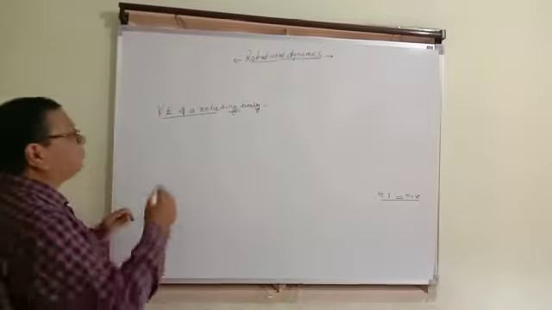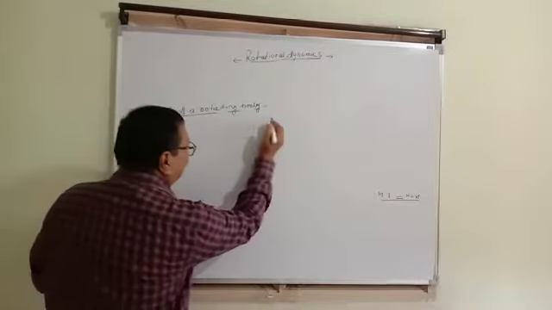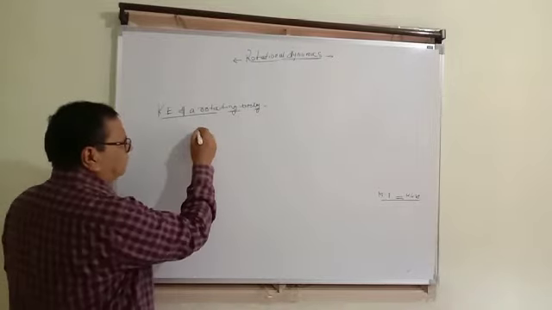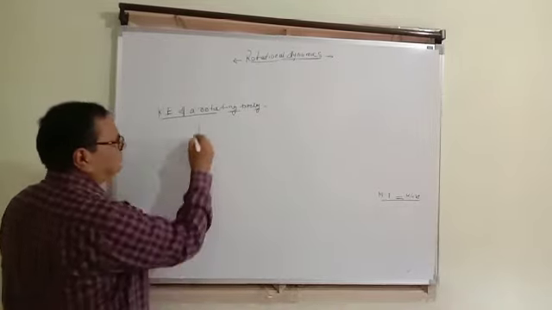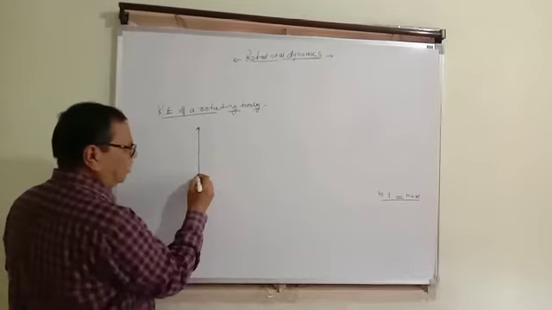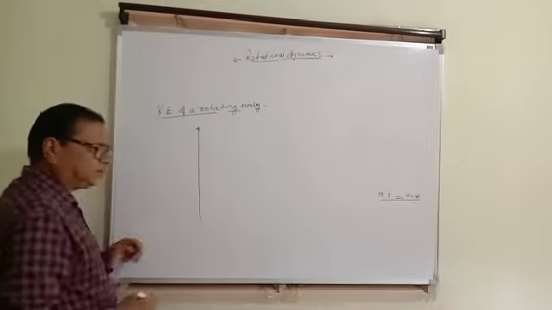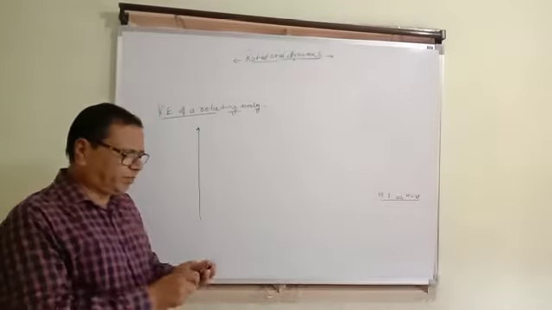To determine the expression for kinetic energy of a rotating body, let us suppose a rigid body is rotating about an axis perpendicular to the plane of the body.